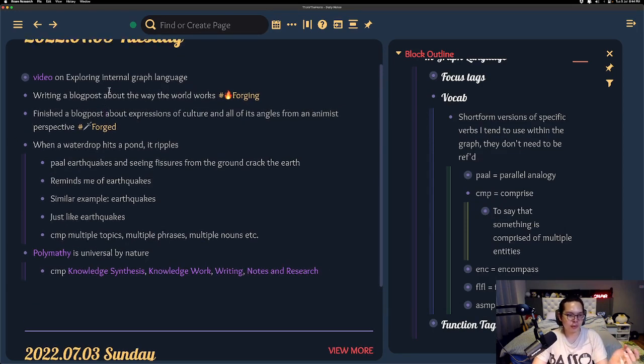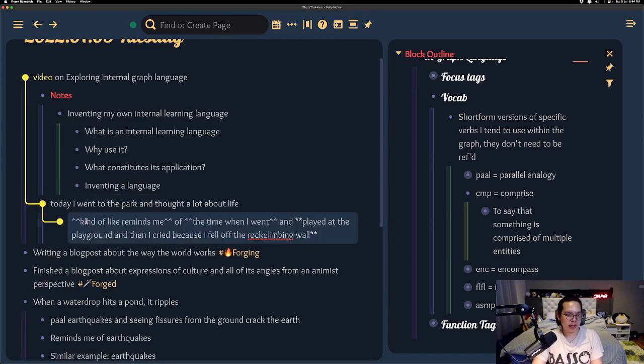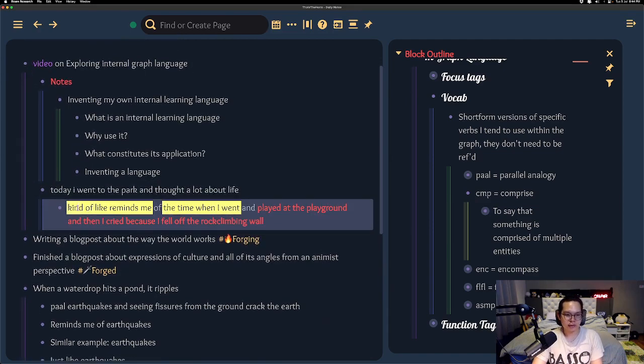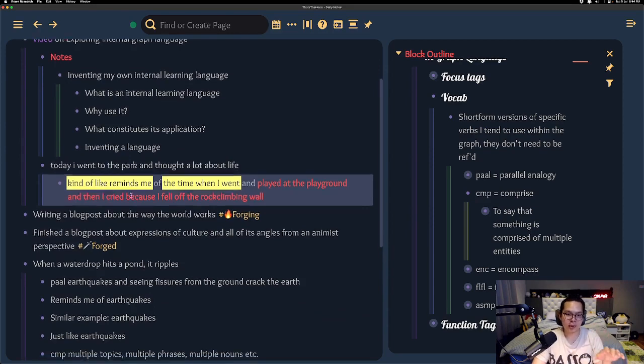I don't have to write out these highlighted parts for this block to serve its purpose.